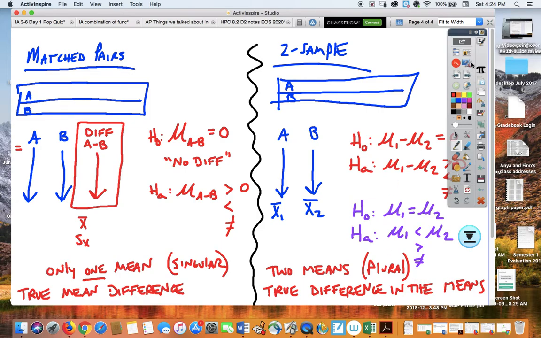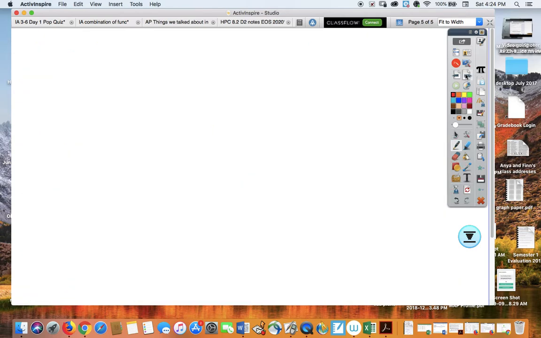That's the general structure. Now I want to talk a little bit more about how can you tell the difference based on the wording of a problem. So let's start with matched pairs again.